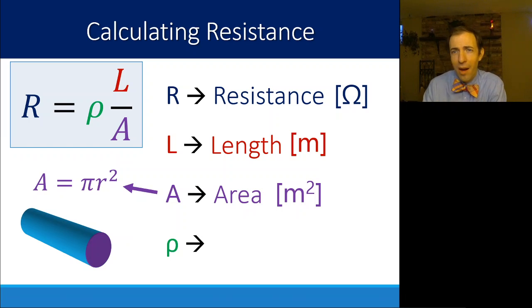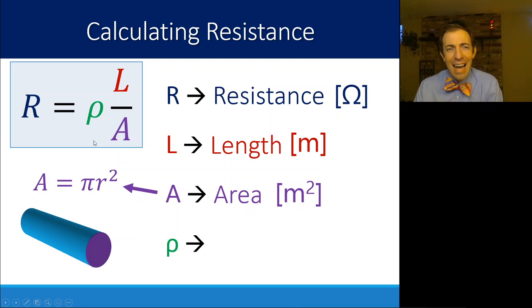So pi r squared is typically going to be the equation that helps you get to the cross-sectional area. Now, you could also have a resistor or a wire that has a different shape cross-sectional area, like a square or a rectangle. And in that case, you would just calculate the area accordingly. But pi r squared is what we're going to use most often to get our units of meters squared.